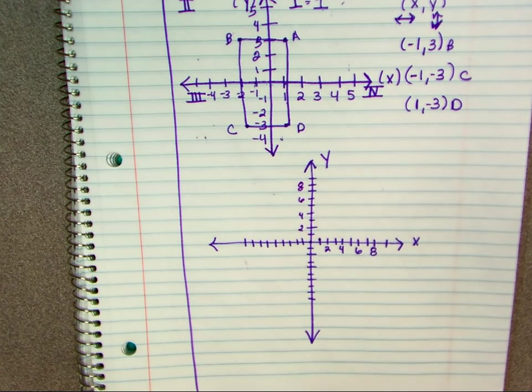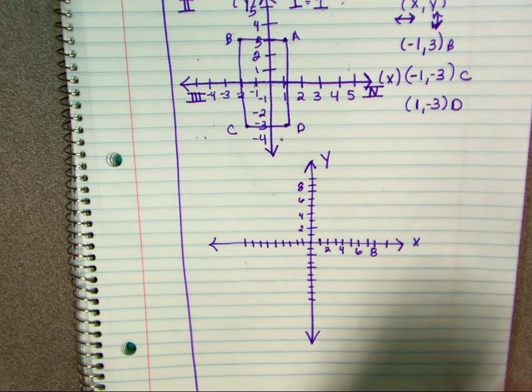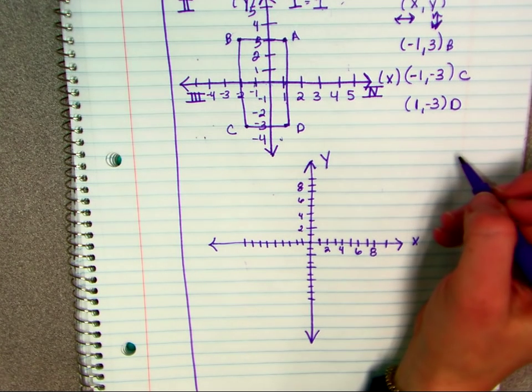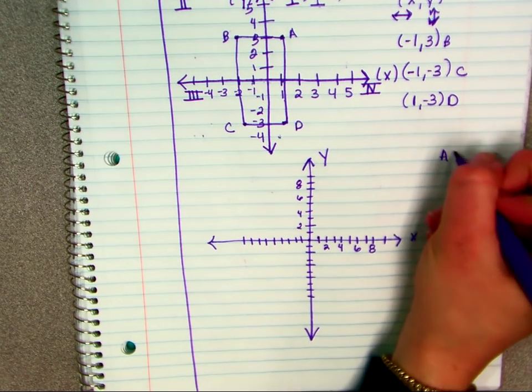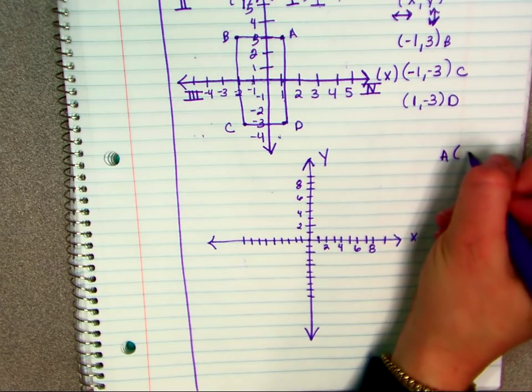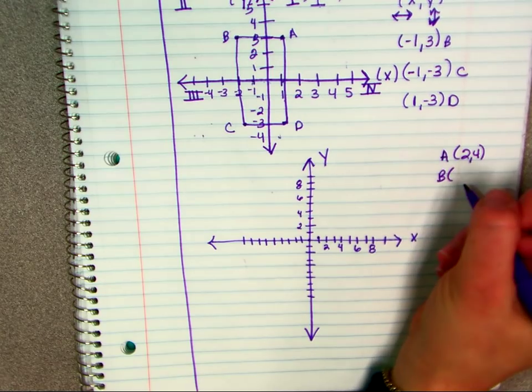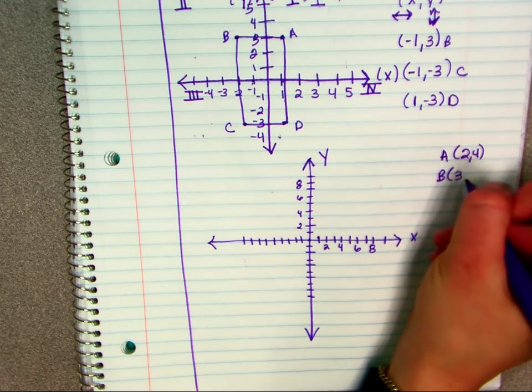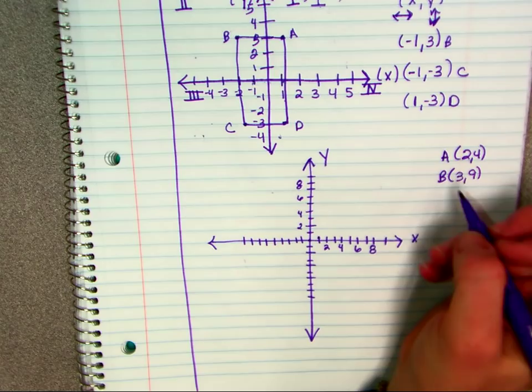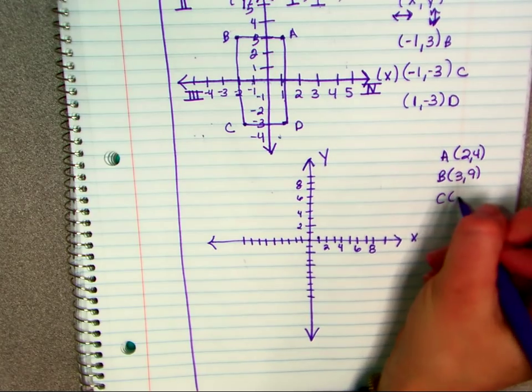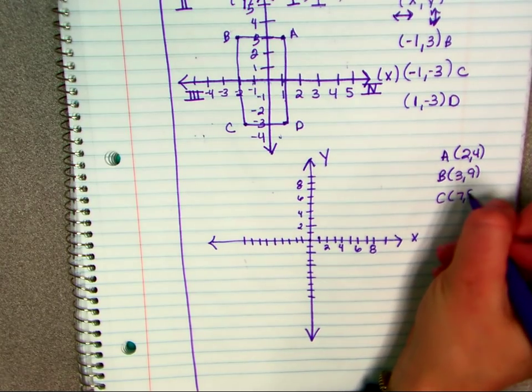Okay, now we are going to plot the following points. A is going to be 2, 4. B is going to be 3, 9. C is going to be 7, 8.